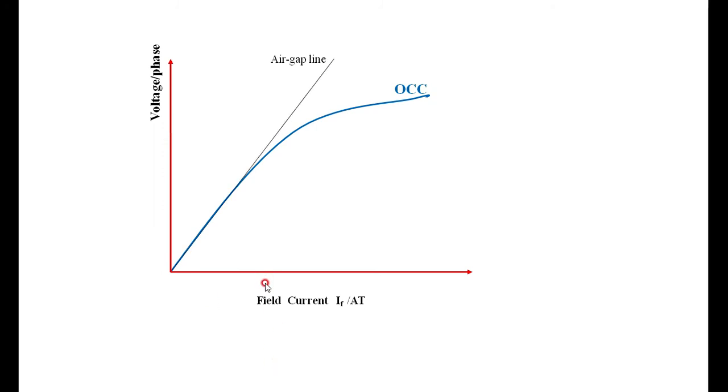Then I will draw the air gap line. The air gap line is the line which is a tangent to the initial portion of the OCC, or the tangent to the unsaturated region of the OCC. That is the air gap line I am drawing.